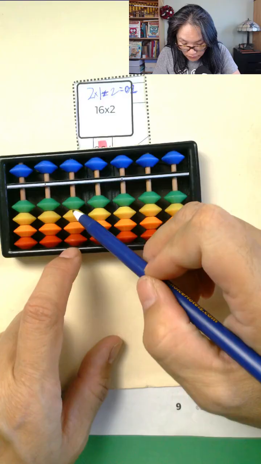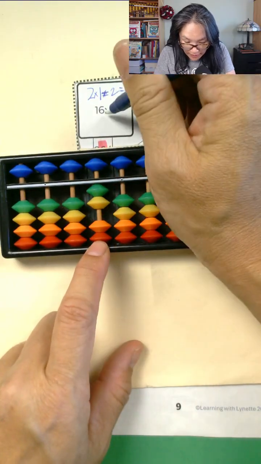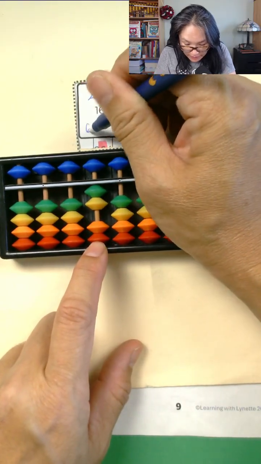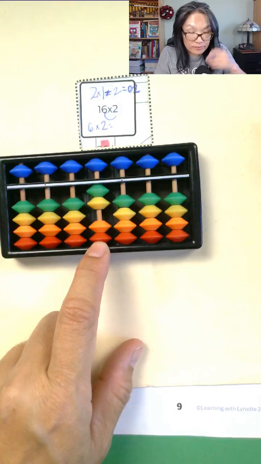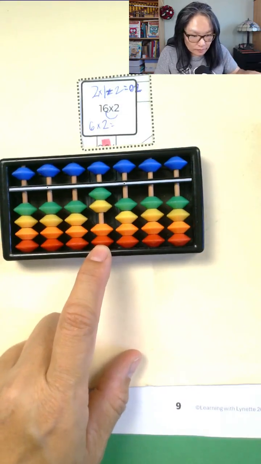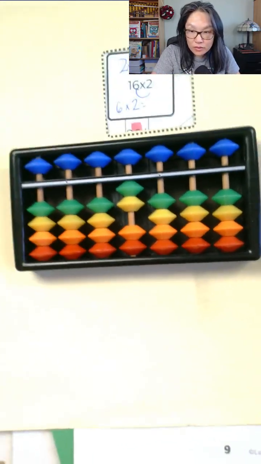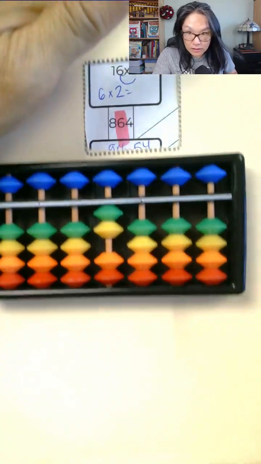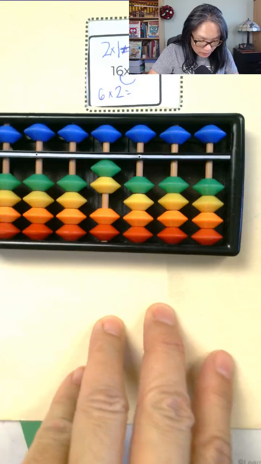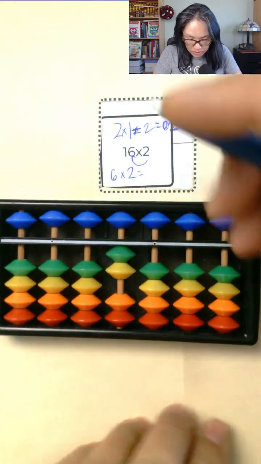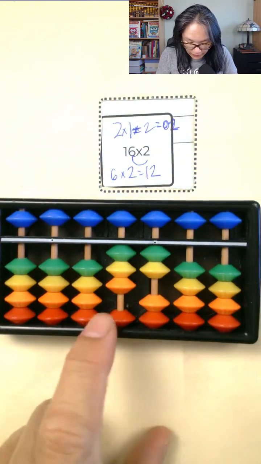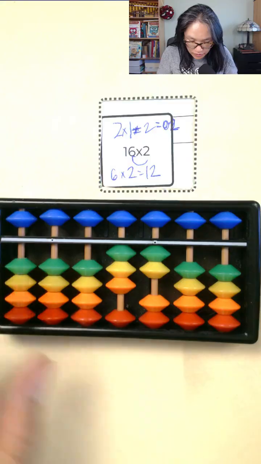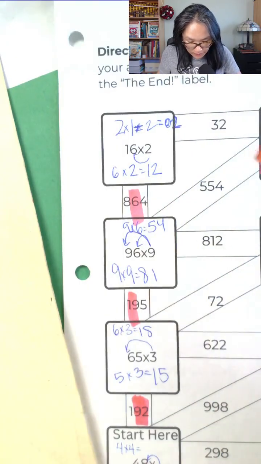And then we have 2 times 6, which is 12. Thank you, Mary Catherine. So we add the 1, we add the 2. So my final answer is 32. And it takes me to here.